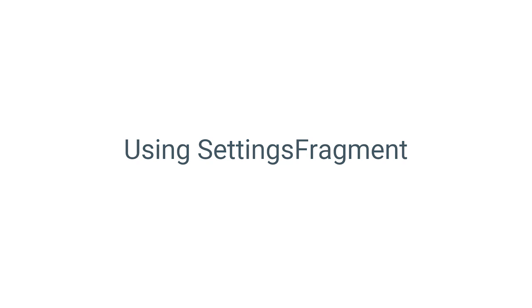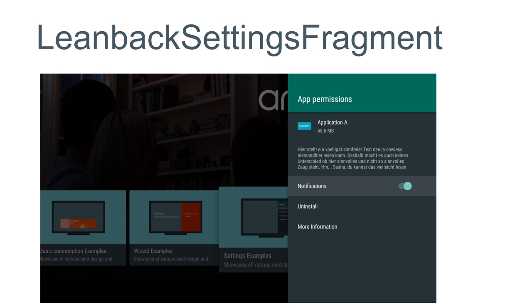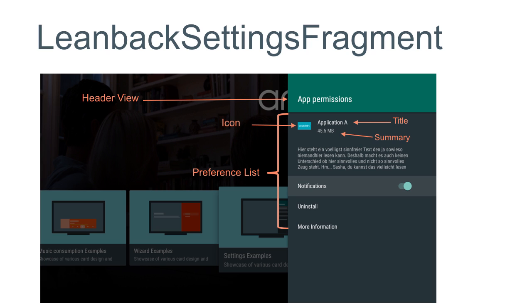Settings. So in Android N, we have redesigned the Android TV settings app. It's now like a side panel laying on top of other content. If you want your app to also use the same feature, you can use Leanback settings fragment. This fragment starts with a header view, followed by a list of preference objects.